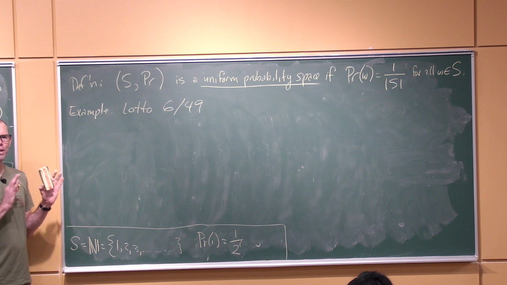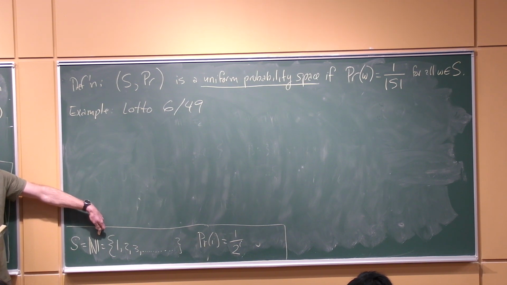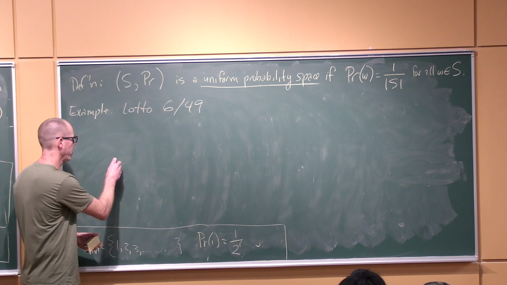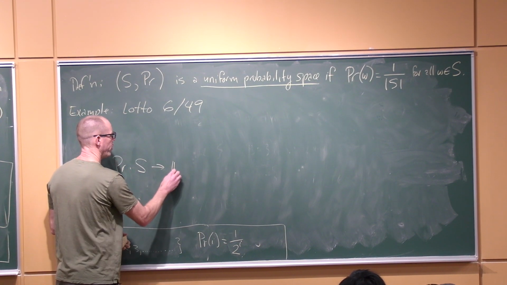We just have definitions, and if you look at the definition of a probability space, what we need is a countable non-empty set S. We've got that here. It's non-empty, and it's countable. By definition, PR is a function from S to the real numbers.